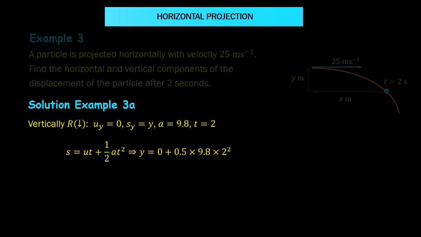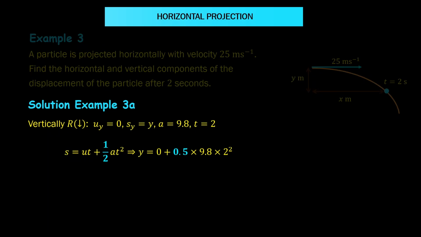So we're going to use this equation of motion again, s equals ut plus a half at squared, and plug in all the values. We have ut, because u equals 0, being substituted by 0. The vertical distance is represented by y.